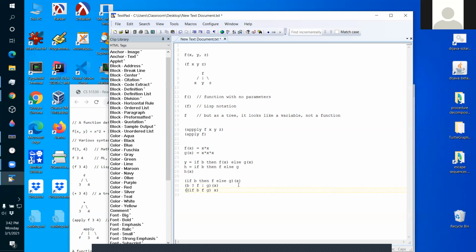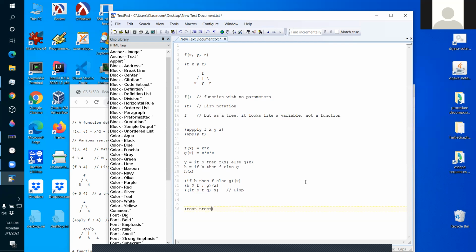This is Lisp notation. That's not a tree. Not even close to being a tree. Because look, in the root position is a parenthesized expression. Remember, the syntax for a tree is a root, and then one or more trees.